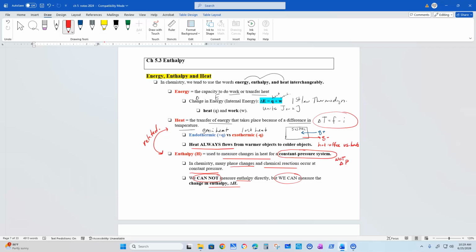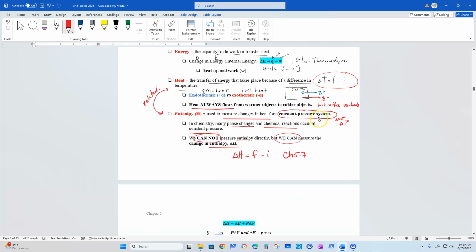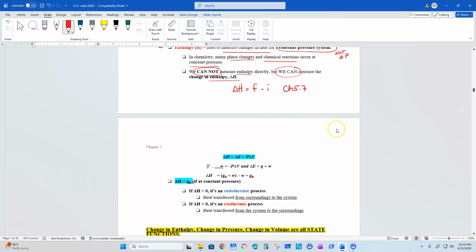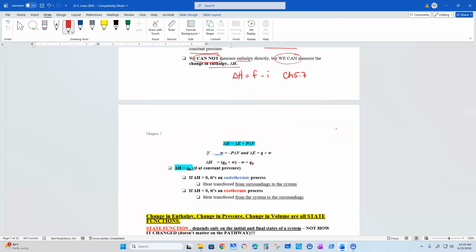So we can measure delta H, using the final and the initial values, which you're going to see pop up when we get to the very last video in this chapter, 5.7, where we take final minus initial. But using the first law of thermodynamics, there is an equation that correlates enthalpy, heat, and energy.